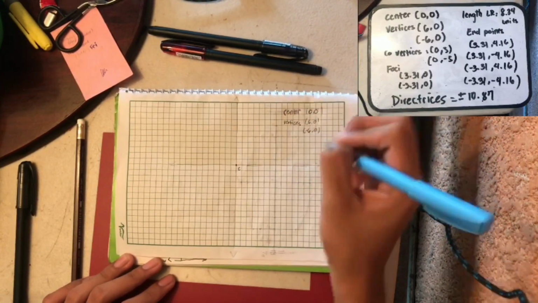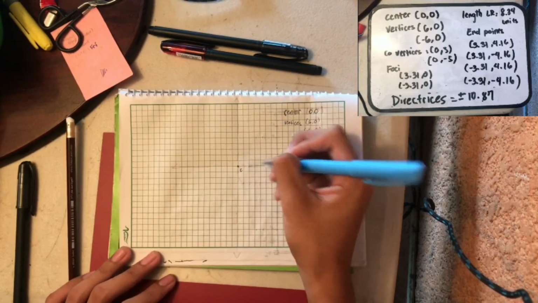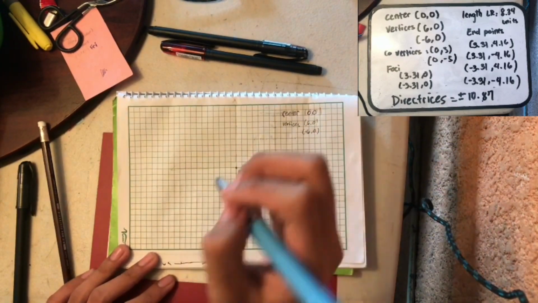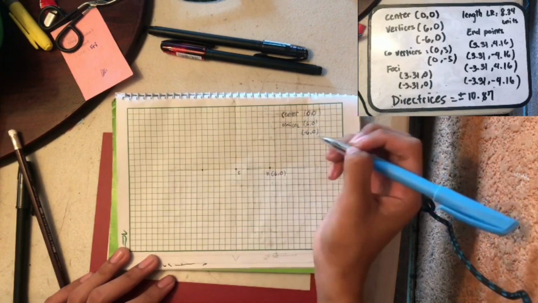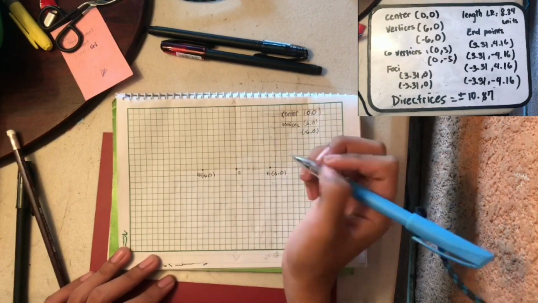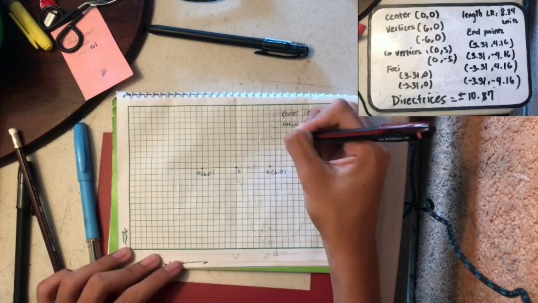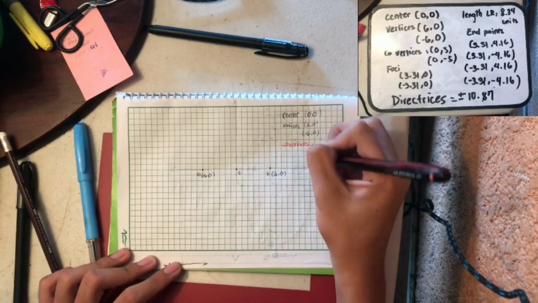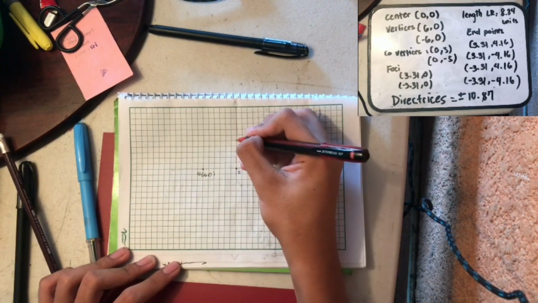The vertices is equal to positive and negative a and 0. As you can see here, it's 6 and 0 and negative 6 and 0. The next one here is the co-vertices, which is determined by 0 and positive and negative b, which is 0 and 5 and 0 and negative 5.